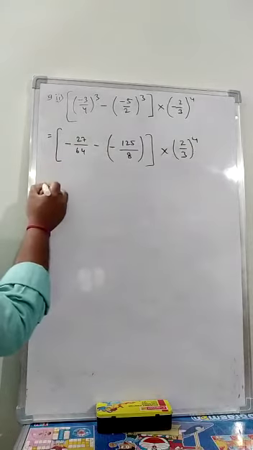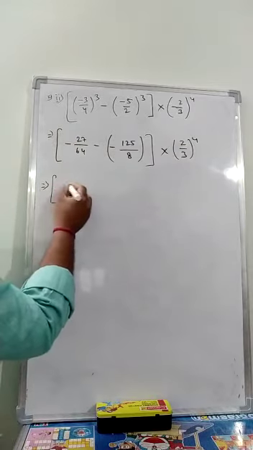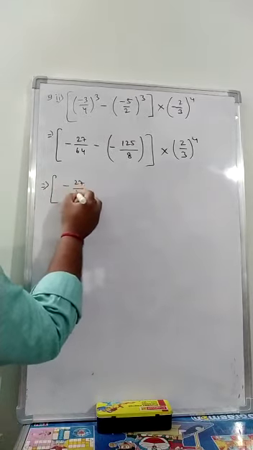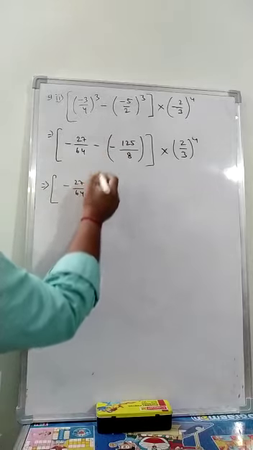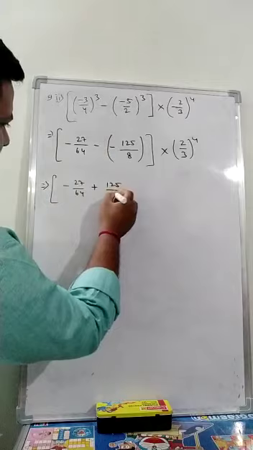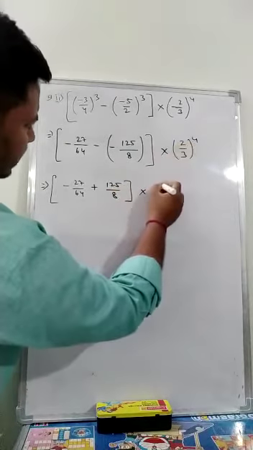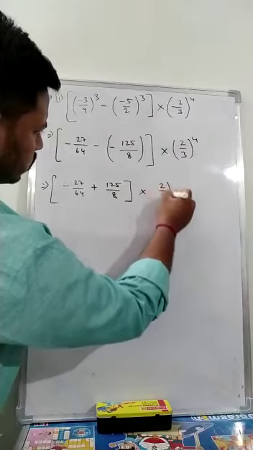Now coming back to this square bracket part, minus 27 by 64. Now see, minus minus will become plus 125 by 8 into, let it be 2 by 3 whole to the power 4.